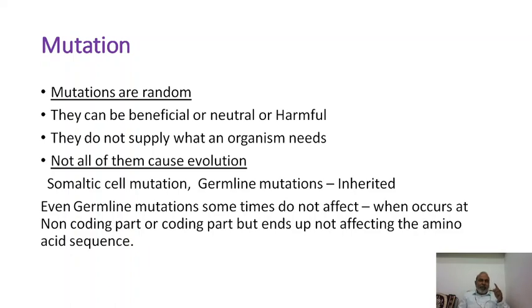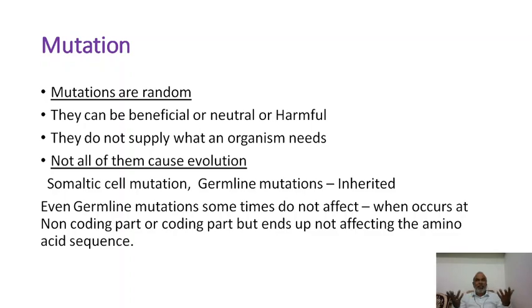The very, very important idea that we need to understand is mutations do not supply what an organism needs. You see, for example, use theory as explained by Lamarck: gradually a change happens in the body, and that change will satisfy the need of the body. But that is not the case in mutation. Mutations do not supply what the organism actually needs.